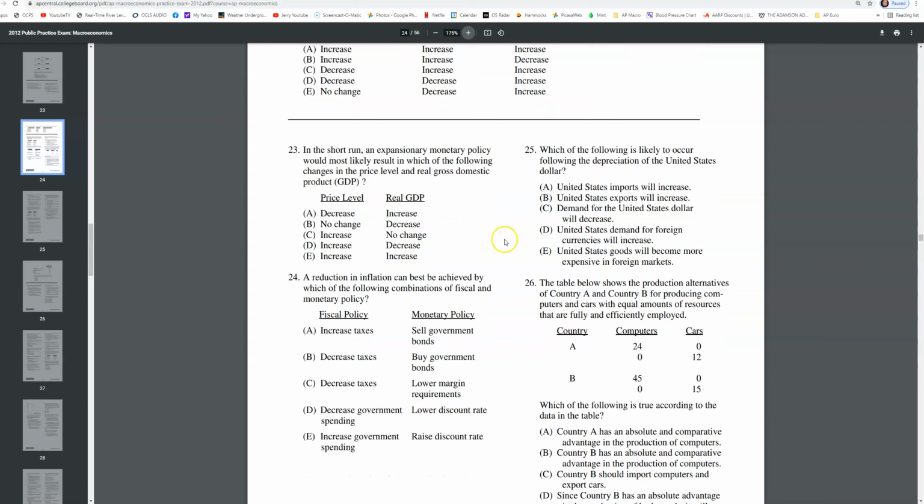In the short run, an expansionary monetary policy would most likely result in which of the following changes in price level and real GDP? So monetary policy is the province of the Federal Reserve. And what that entails is lowering the reserve ratio, lowering the discount rate, and buying T-bills. Those are all expansionary monetary policy.